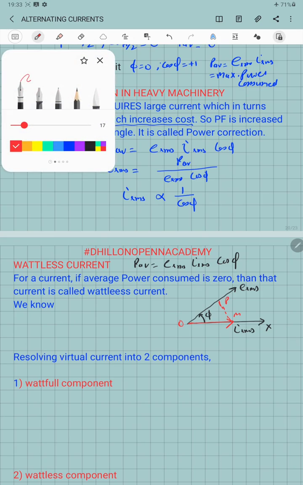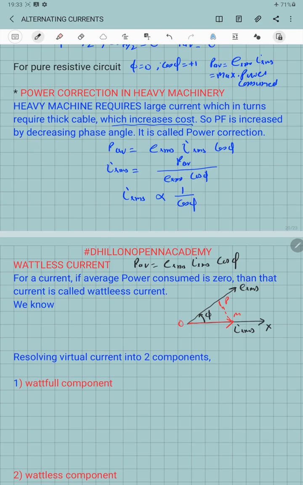If we decompose our RMS current into two components, we will have one component IRMS cos phi in the direction of the virtual value of the voltage, and one component perpendicular to the voltage, which will be IRMS into sin phi.